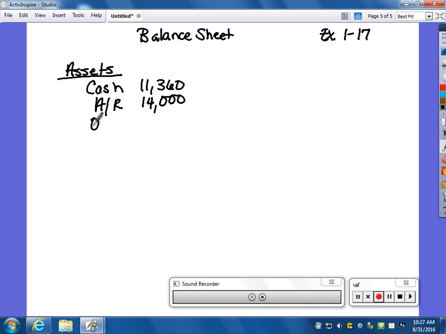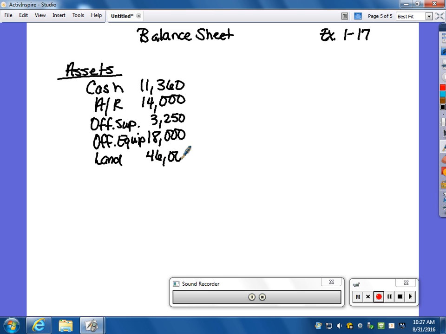Office supplies. Office supplies for how much? 3,250. Next. Land. Is that liquid? No. Most liquid? Office equipment. How much? 18,000. Next. Land. 46,000. Are there any other assets?